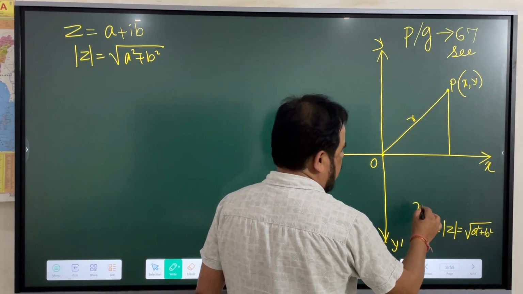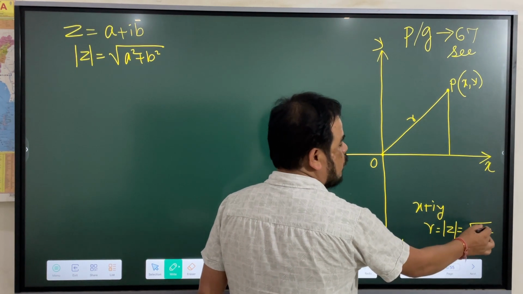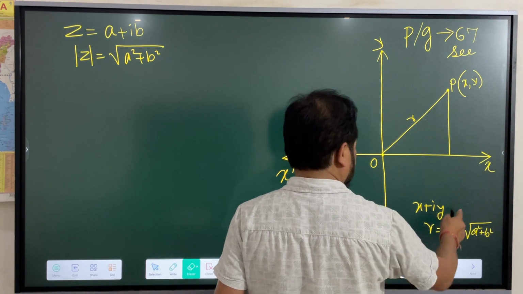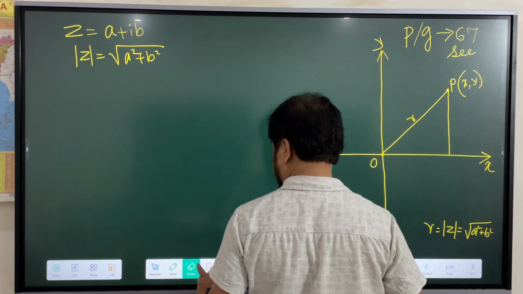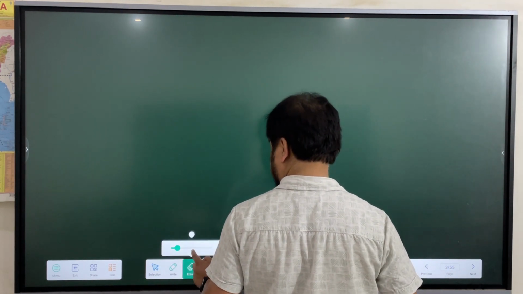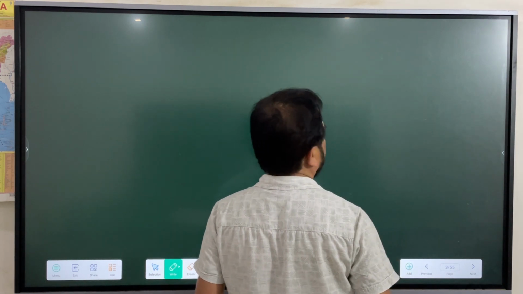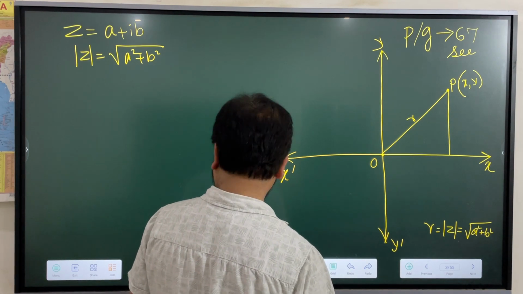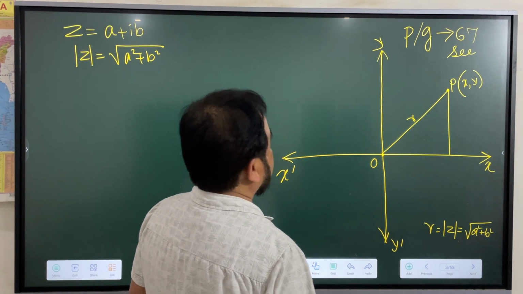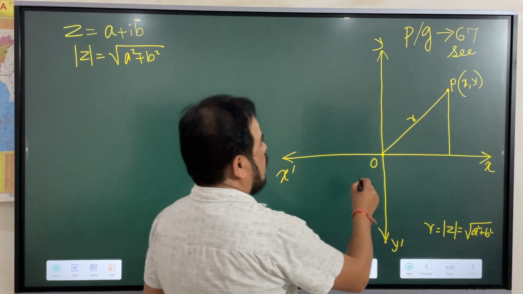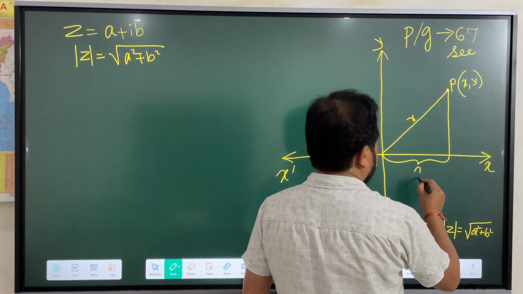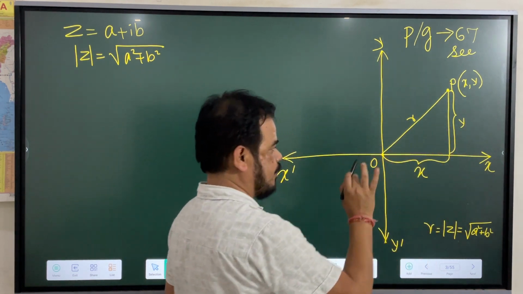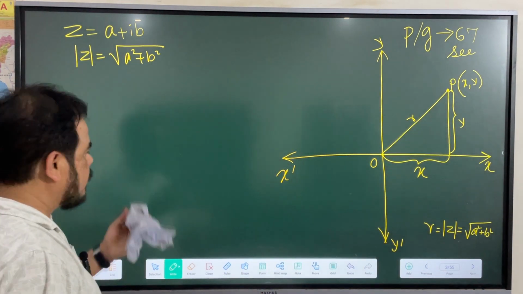If it is x plus iy, then we will have x square plus y square. According to complex number, we will write this, that you know. Now this is r. How much is this? x. How much is this? y. I hope you understand this, because I already explained it.